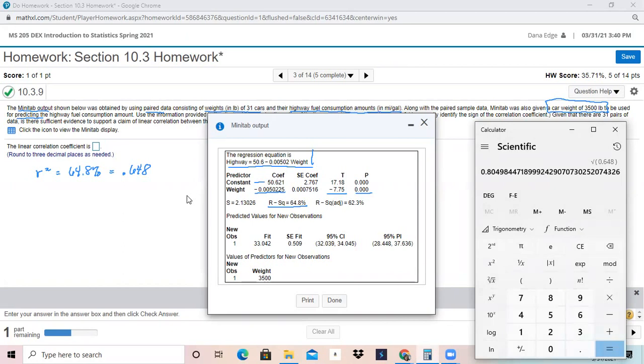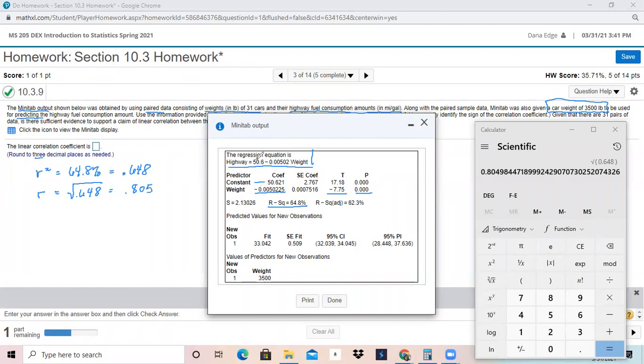So the square root is 0.804. So R is going to be the square root of 0.648, which is 0.805 if we go three decimal places.